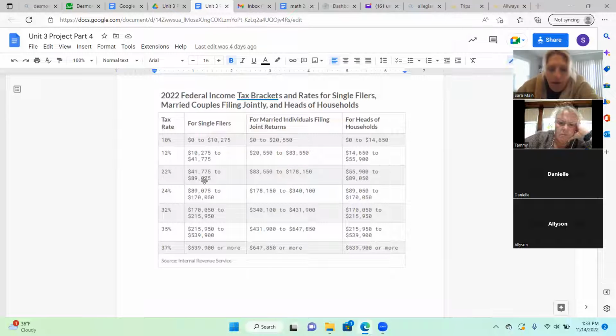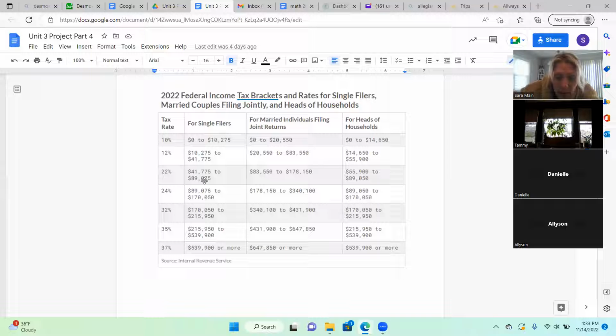Okay. So she's going to be 10% of the 10,275. I'm going to just walk through setting it up, and then I'm going to show you my paper so we can make sure we all have the same thing written down. And then she's going to pay 12% of the difference between the 41,775 and the top of the previous one, which is the 10,275.